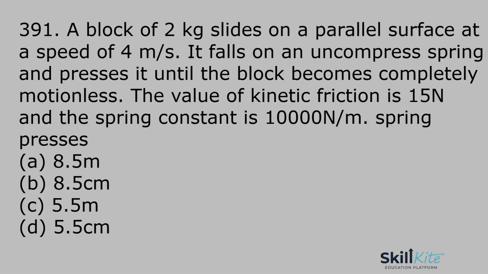A block of 2 kg slides on a parallel surface at a speed of 4 meters per second. It falls on an uncompressed spring and presses it until the block becomes completely motionless. The value of kinetic friction is 15 Newton, and the spring constant is 10,000 Newton per meter. So the total kinetic energy possessed by the block goes into the potential energy of the spring and the work done against the friction.